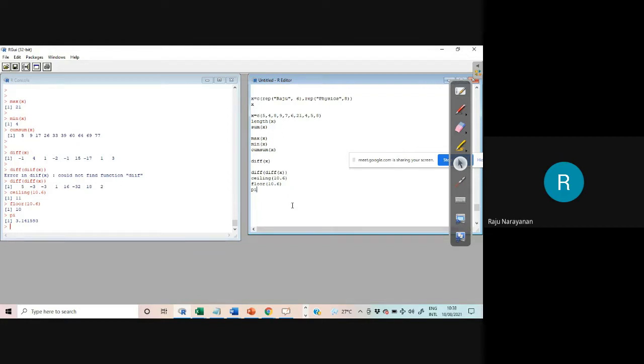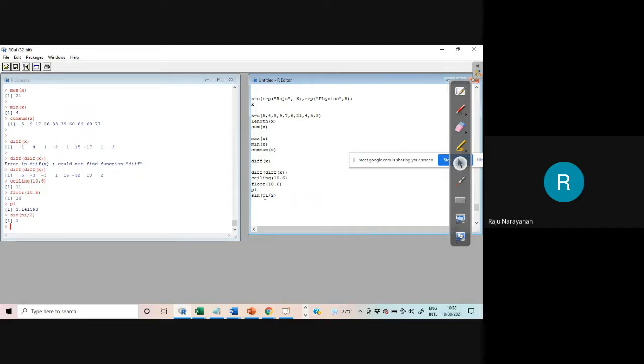The ratio between circumference and diameter, 2 pi r by 2 r, that is pi, 3.14. Pi will give you that. Therefore sine pi by 2, you should get 1. Here you remember that the argument should be in radians.